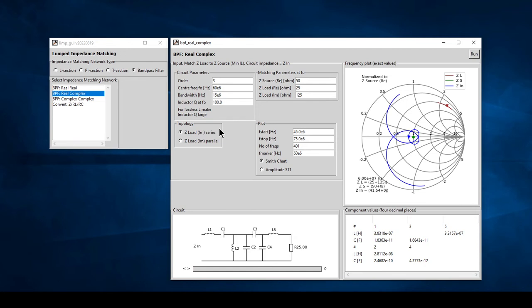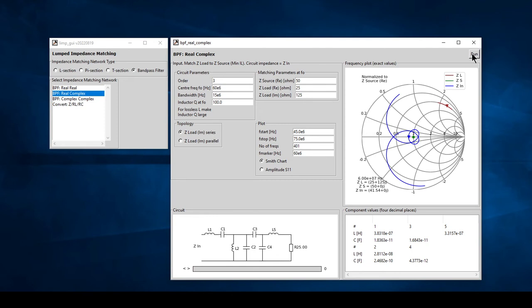So for this case, for example, we'll have a series resistor and a series inductor. This is positive, so it's an inductor. And for parallel, we'll then have a parallel inductor and a resistor. This is basically your equivalent circuit of your load.